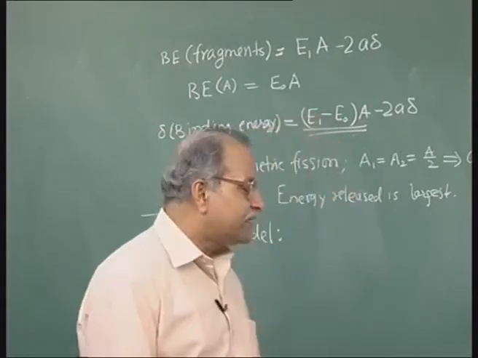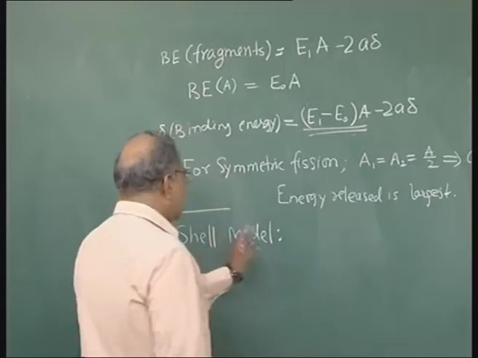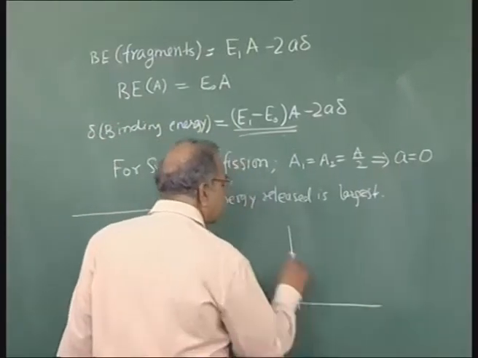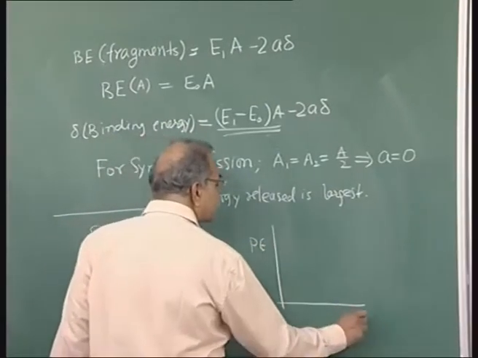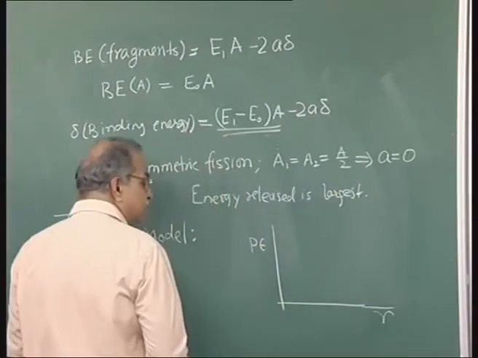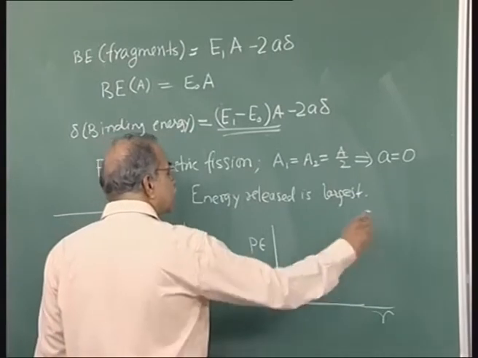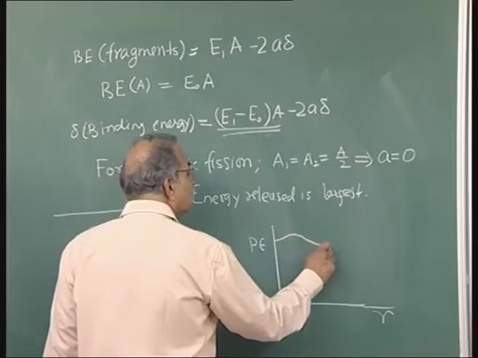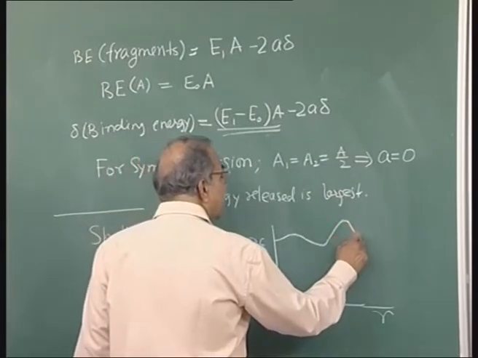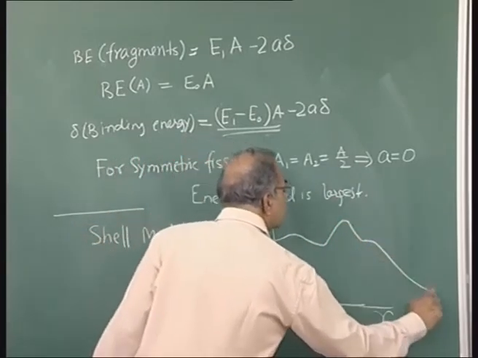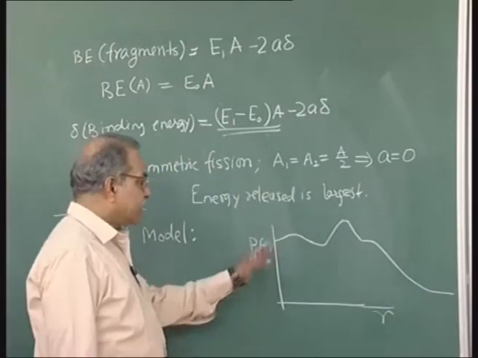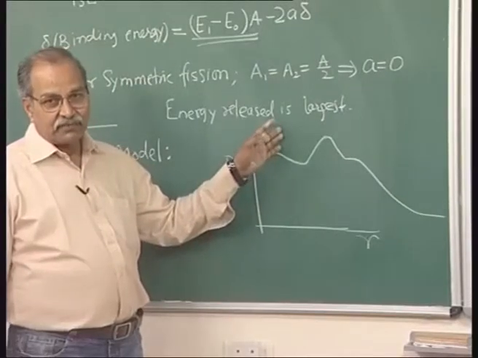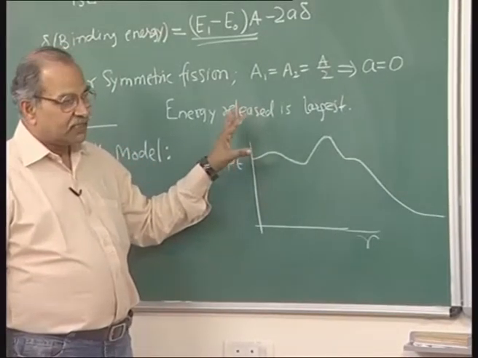But one possibility is, once you take all these shell model effects, that the potential energy curve that we had drawn as a function of deformation parameter, we have shown it just as one single hump, but maybe it is not that, it is more complicated, right.